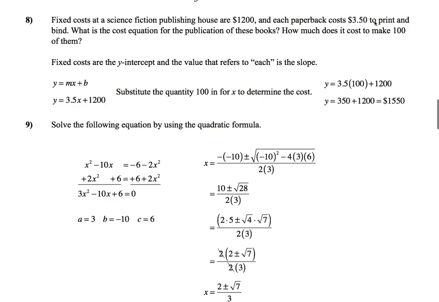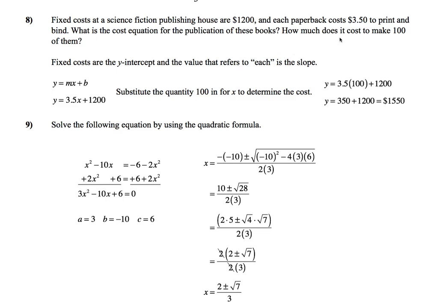And when you are told that there is a cost of a certain amount per each item that's made, that's going to be the slope. So here we have 1,200 as the fixed cost for the y-intercept, and a $3.50 cost for each paperback. That's what goes here in slope. So our equation is y equals 3.5x plus 1,200.